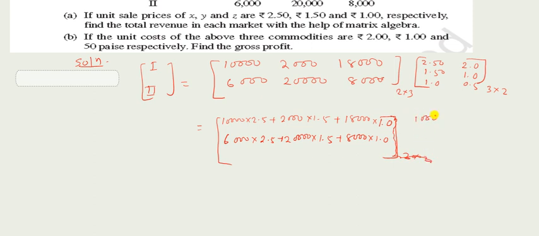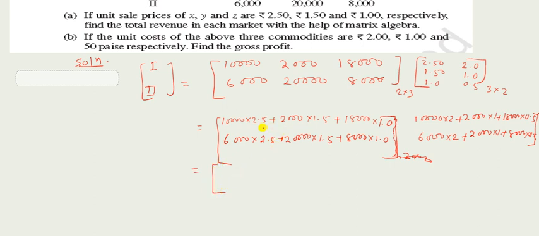This is 10,000 into 2 plus 2,000 into 1 plus 18,000 into 0.5. Similarly, this one will be 6,000 into 2, this one was wrong, 10,000. This is the first row and second column. Yes, it is correct. And this one is the second row and the second column. This is 6,000 into 2 plus 20,000 into 1 plus 8,000 into 0.5. Okay, so you close this bracket.